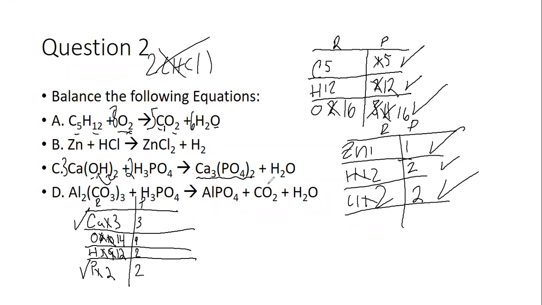So 12 hydrogens on the left, 2 on the right. You put a 6 in front of there. 6 times 2 is 12. 6 times 1 is 6, plus 2 times 4 is 8. 8 plus 6 is 14. That is a balanced equation.